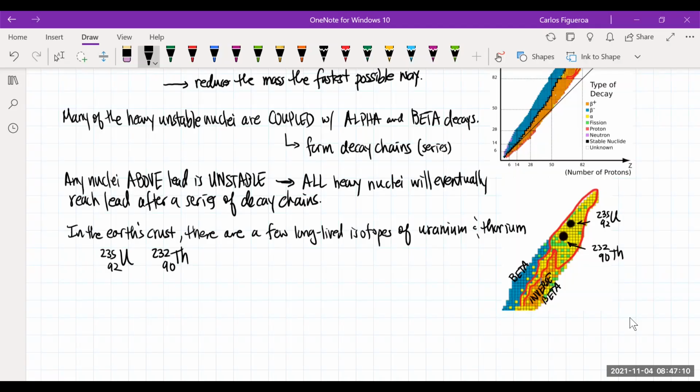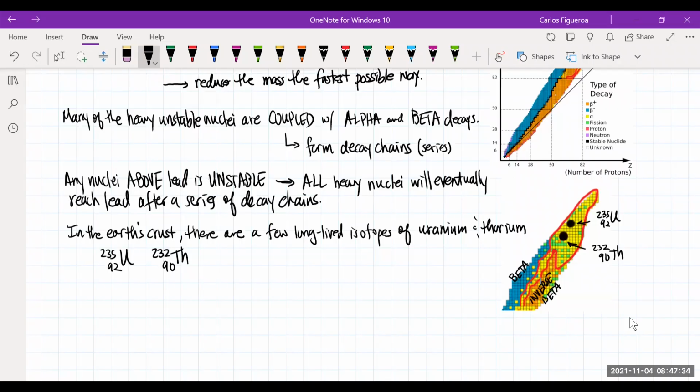So what you'll see here is as uranium-235 goes through here, it has to go through not only alpha, but sometimes it lands in the beta region. Sometimes it lands in the inverse beta region. So there's a series of decays that actually start to occur.